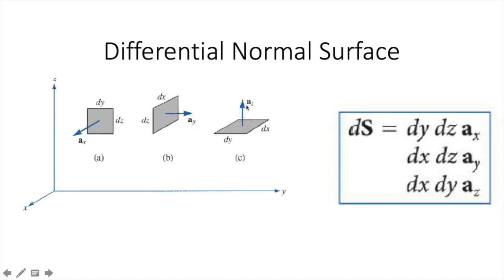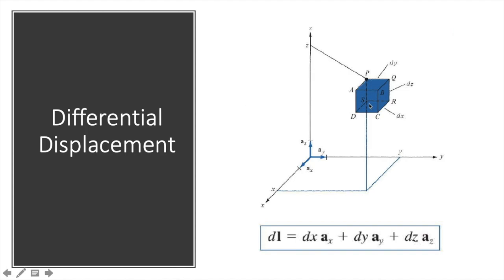Again, we will just go back and see the cube. If we are talking of this surface, then it will have a normal in the az direction, and the magnitude will be dy multiplied by dx. One more thing: if we are talking of ABCD, we understand that the normal will be directed away from the volume, so it will be in the ax direction. But suppose we are talking of the surface PQRS, then its normal will not be in this direction, rather it will be away from the volume.